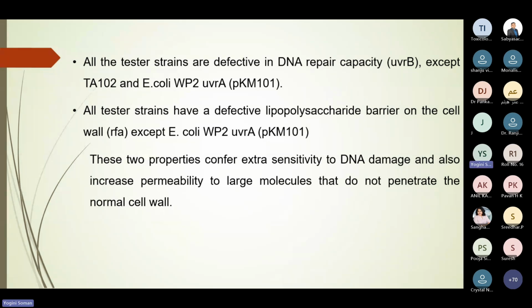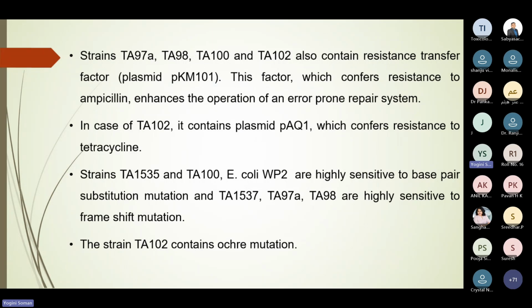This is the first characteristic. Then the second is all these tester strains have a deficient lipopolysaccharide barrier on the cell wall except E. coli WP2. These two properties give extra sensitivity to DNA damage, and also increase the cell permeability, so large molecules can easily penetrate into it.